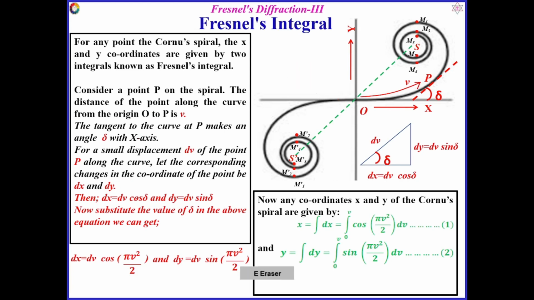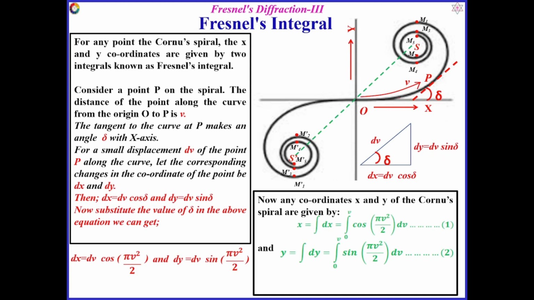Suppose this is the point, and if I draw a perpendicular, this is the angle delta, and this is the distance dv. So obviously, the horizontal component will be dv cos delta, and the vertical component will be dv sin delta.